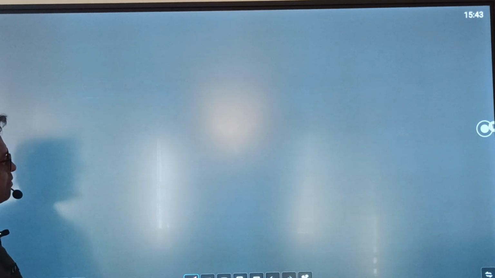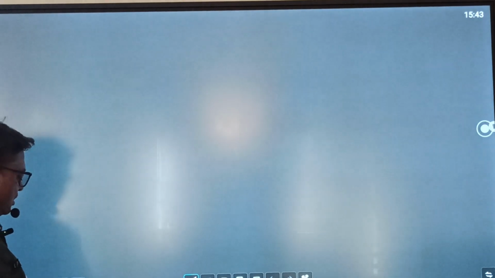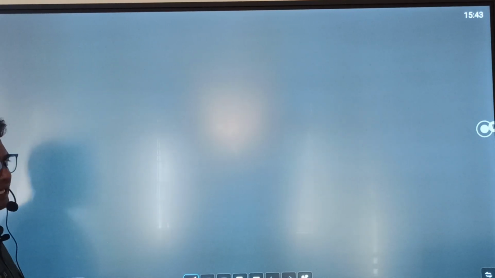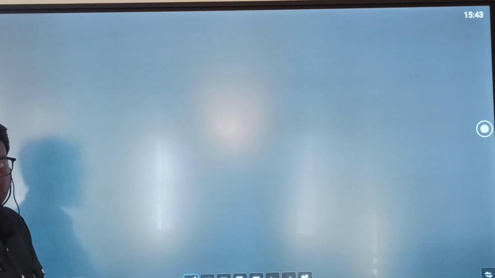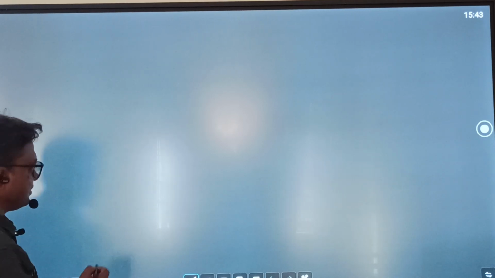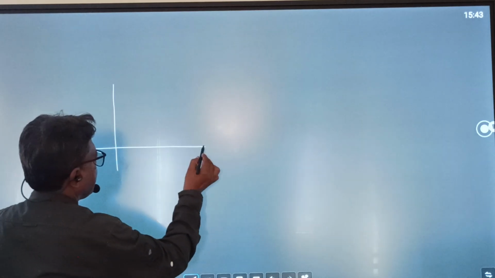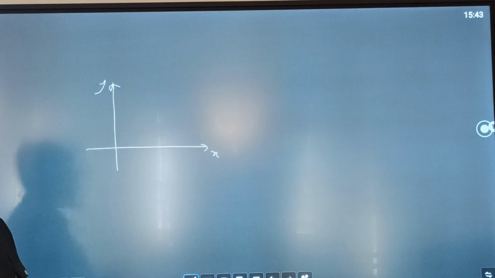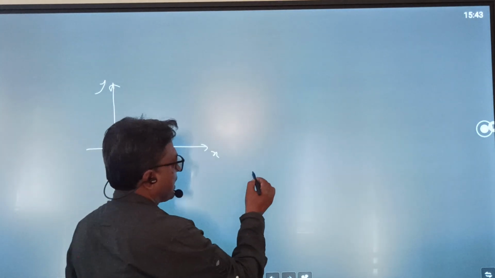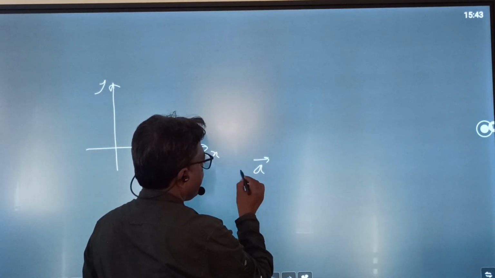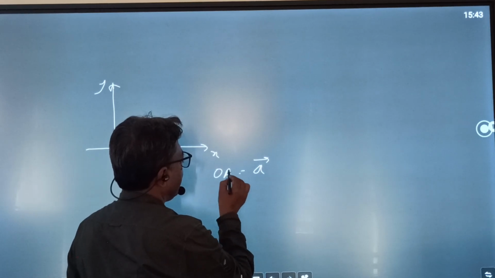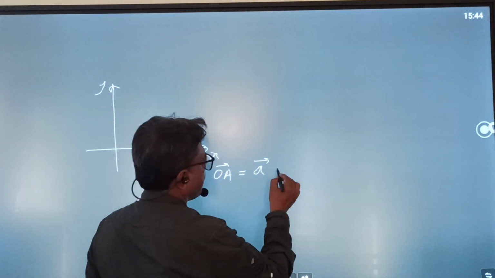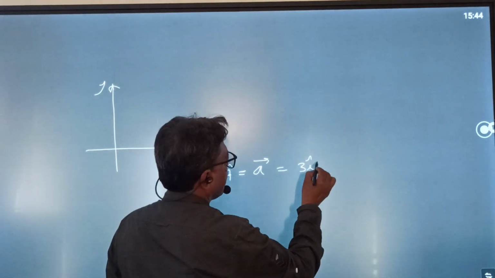Now, if we represent a vector into rectangular components, meaning orthogonal components, suppose we have a coordinate system x and y. So this is an orthogonal coordinate system, the x and y axes are both perpendicular to each other. Now suppose I have a vector A. It can be anything. Suppose I write vector OA, simply represented by small letter a, and suppose this vector is nothing but 3i plus 4j.